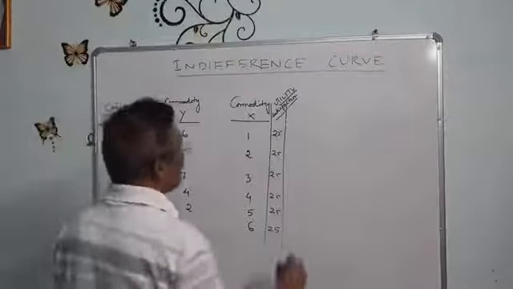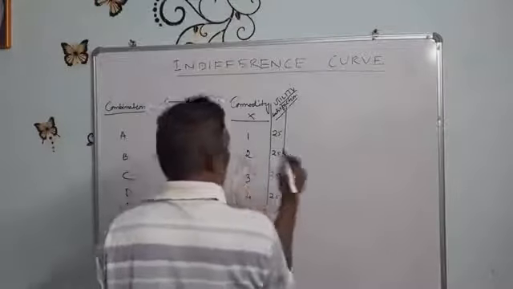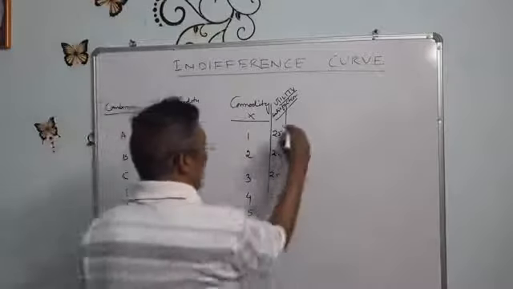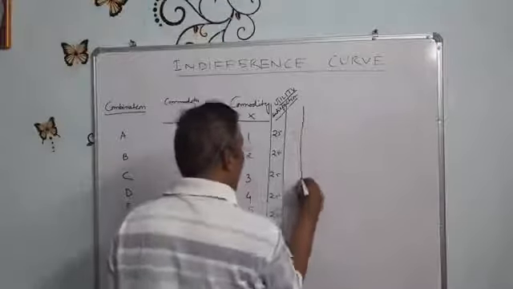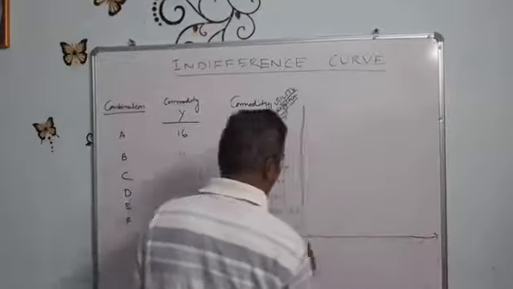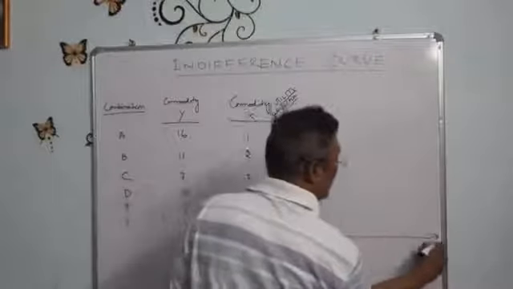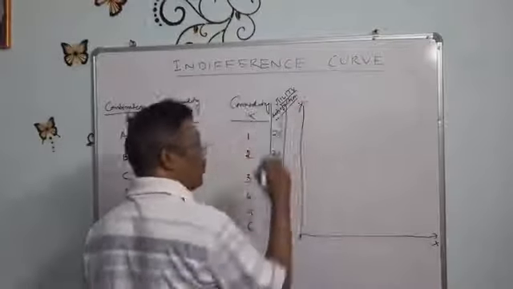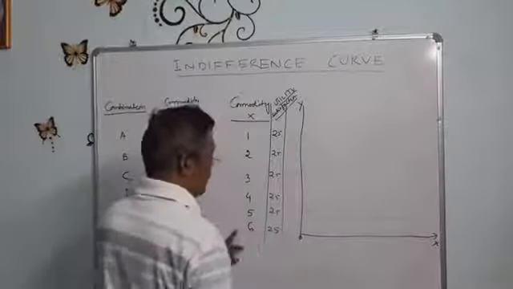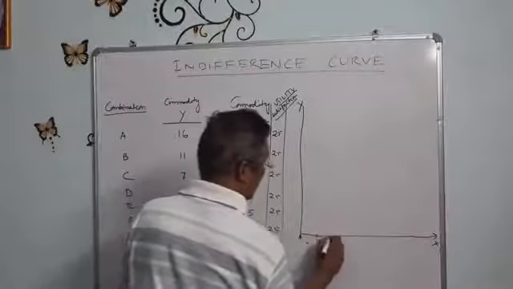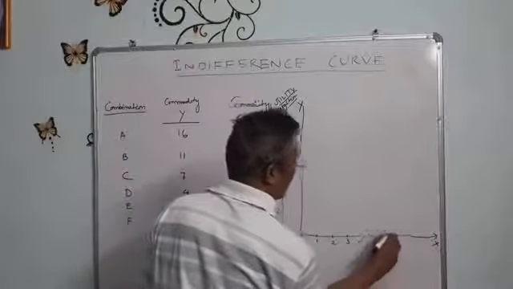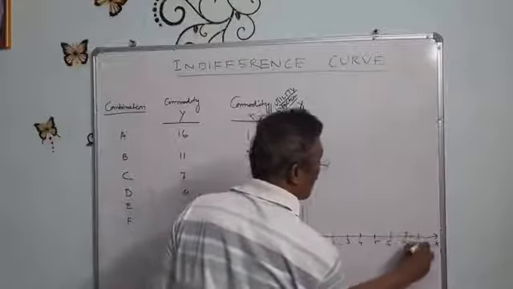So whenever we draw the diagram, goods X and goods Y. X goods are 1, 2, 3, 4, 5, 6, 7, 8.